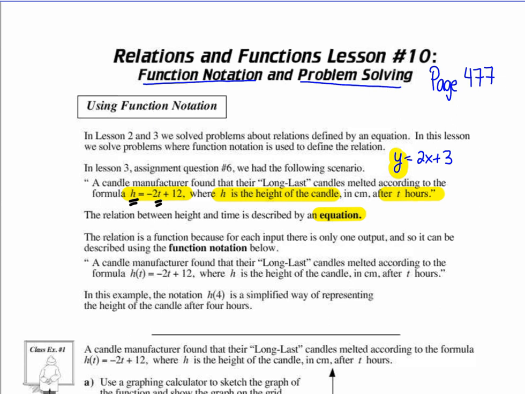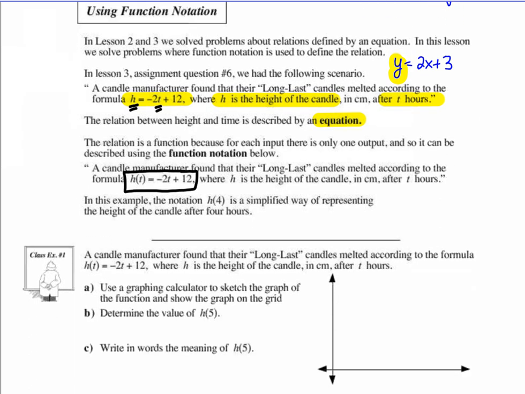So we would write it as h of t instead of f of x, because in this word problem, height is a function of time. We input the time and the output is the height of the candle.